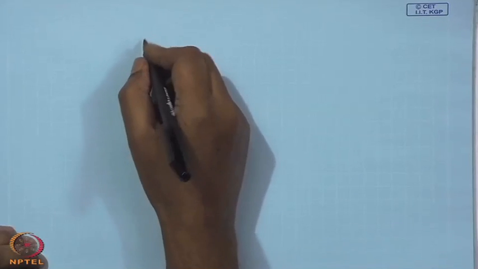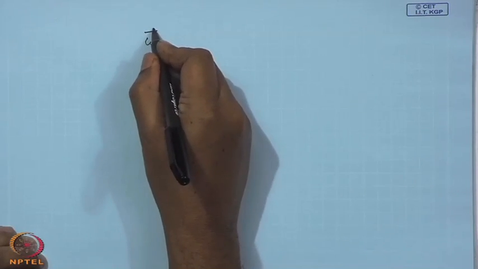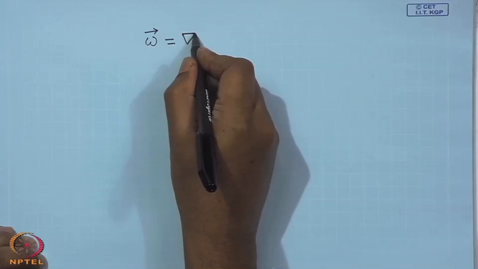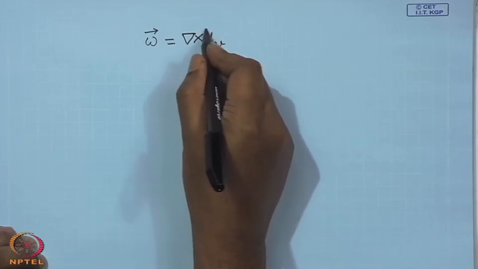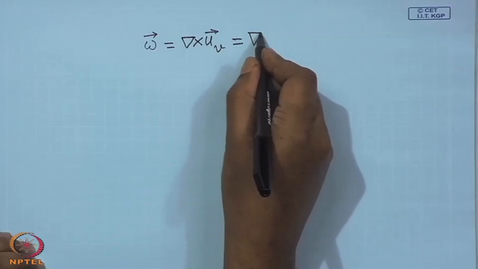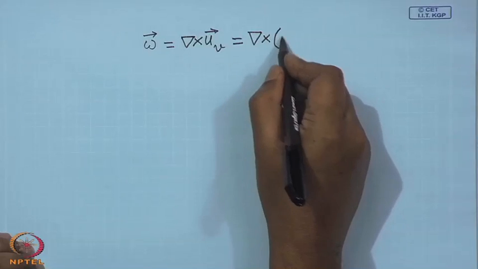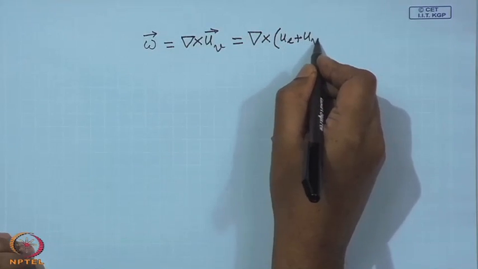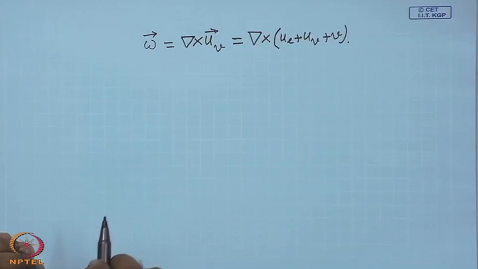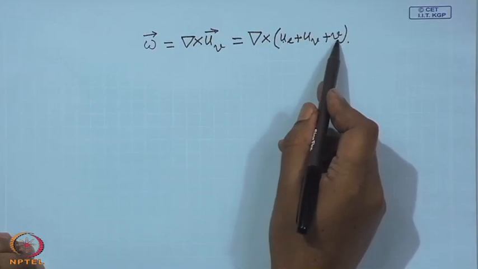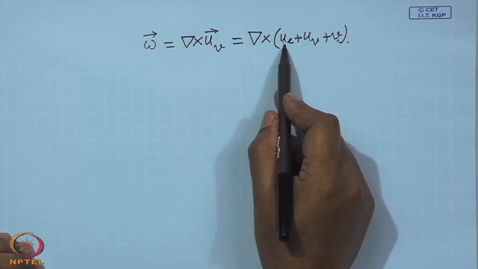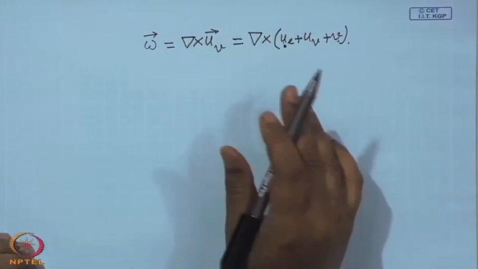So, what is the curl of u v? Eventually, it is the curl of the total velocity also. So, the curl of u itself is the same as the curl of u v, which we have defined as omega. Since the other parts do not have any curl, because u e is associated with the rate of expansion, which is irrotational, the curl of that is 0.